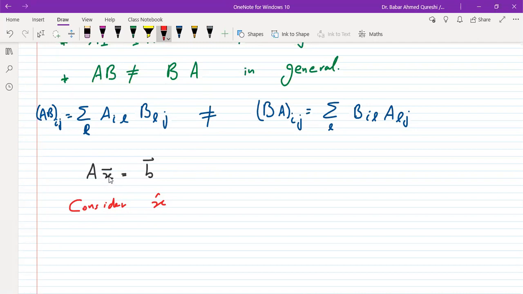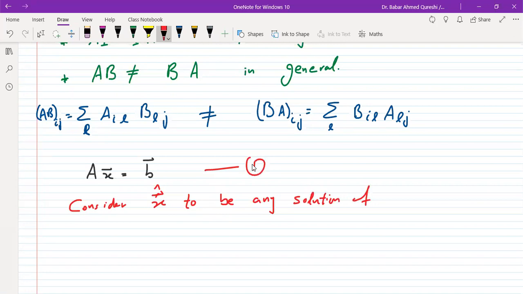So what is a solution? Solution is some values for this vector X, so that when you multiply with this particular matrix A, you get back B. So consider x hat, because it's a vector, write like that, to be any solution of this equation 1.